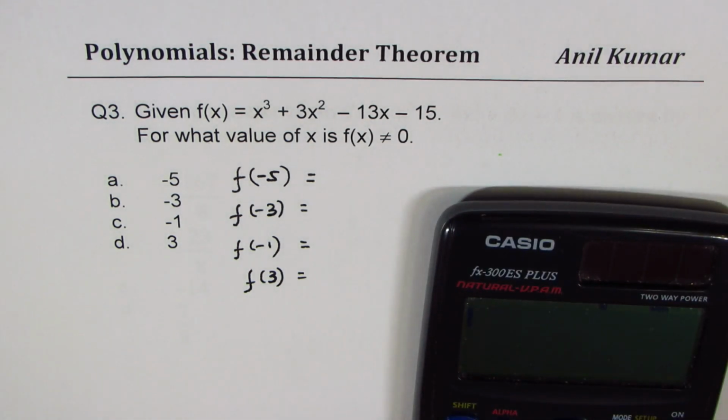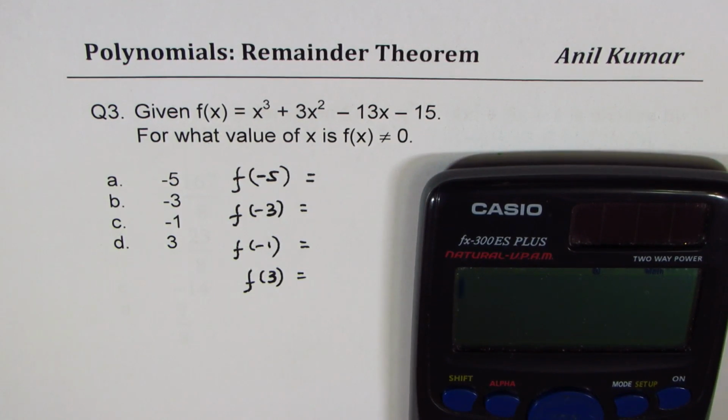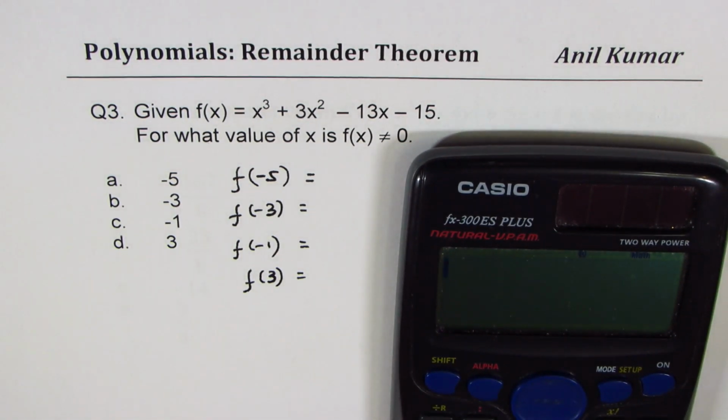So f of minus 5 really means substituting minus 5 in the equation. So within brackets, let me write minus 5 cubed plus 3 times within brackets minus 5 squared minus 13 times within brackets minus 5, and then we have minus 15 equals... we get 0, right?